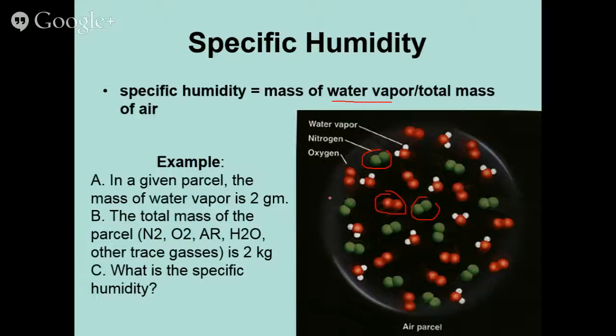So ultimately, it doesn't matter if this parcel does what the other did. When it rises, if the parcel expands, we're not concerned with the areas in between. We're not relating it to volume. We're relating it to comparison. So even if there is more space in between each one of these molecules, it really doesn't matter because we're talking about the mass of water compared to the total mass of everything else.